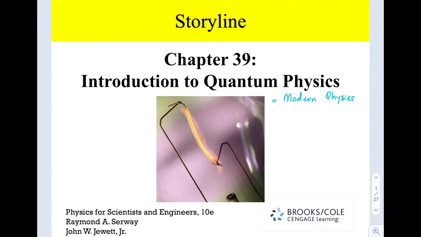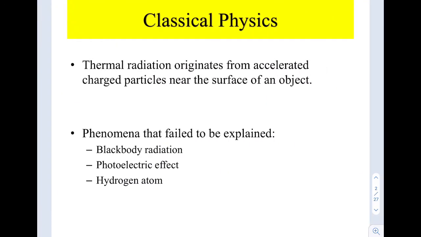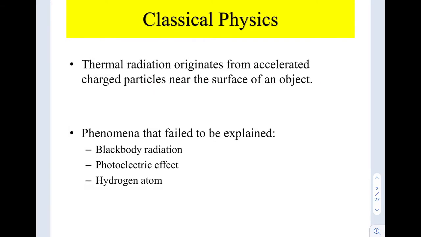There is something that classical physics failed to explain. So let's explore. In classical physics, thermal radiation originates from accelerated charged particles near the surface of an object. The way the radiation is produced is similar to the way EM waves are produced by an antenna.